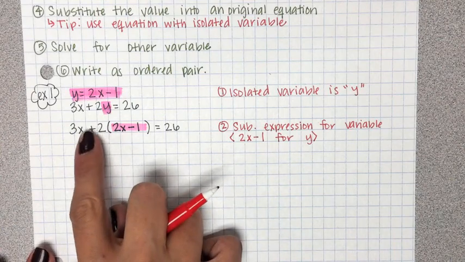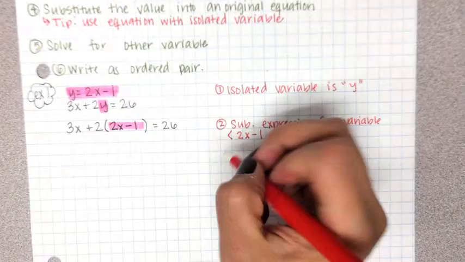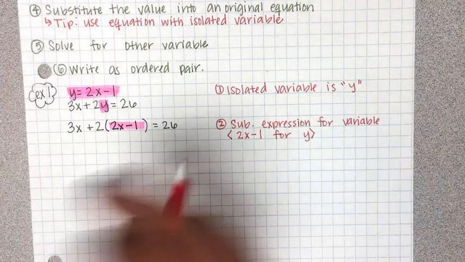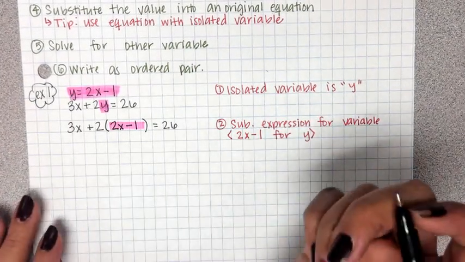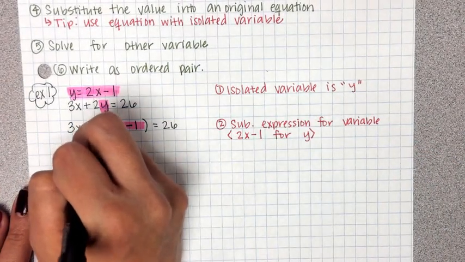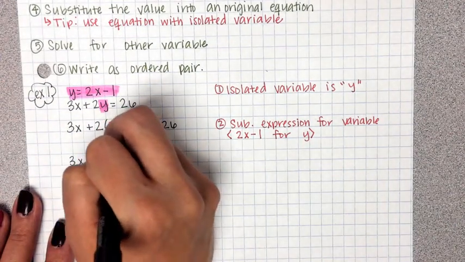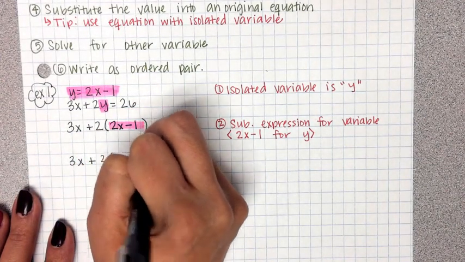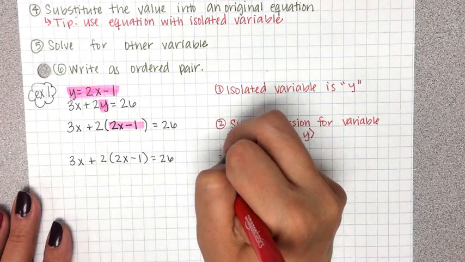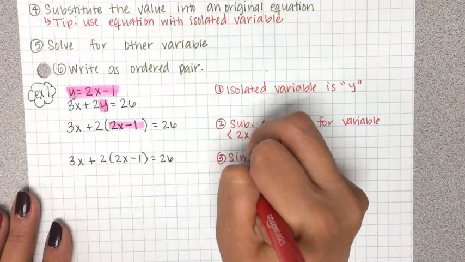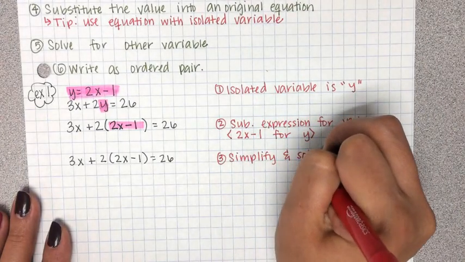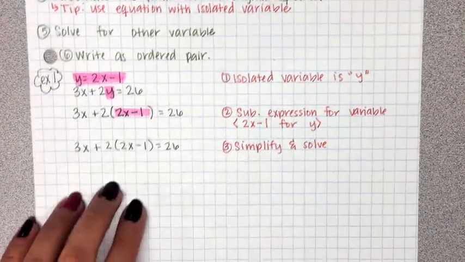Step 3, we're going to solve for x. So we're going to simplify and solve. I'm trying to see how I want to do this. So I'm going to rewrite it so you can see the steps as we're going. So the first thing we can do here is distribute.